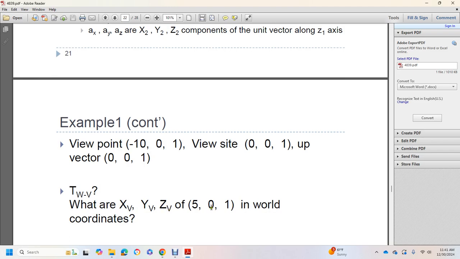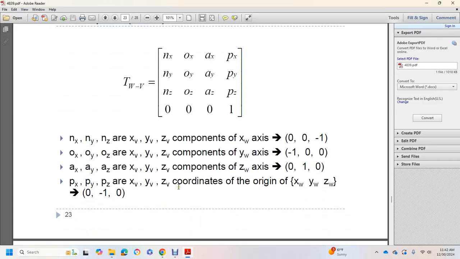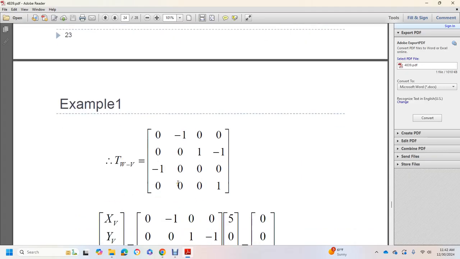In world coordinates we have the world view and vectors, and then it shows N, O, A, P: the top row X, second row Y, third row Z, fourth row numerical coordinates.